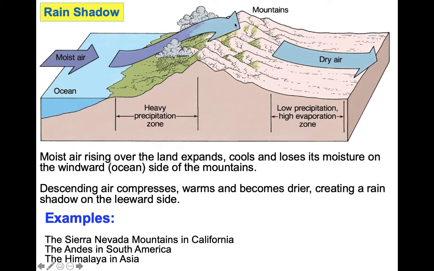That air gets colder, and because it lost its moisture, it also is dry, so it is dense and it starts sinking on the other side of the mountains. So this cold and dry air creates what we call a rain shadow with low precipitation and high evaporation.